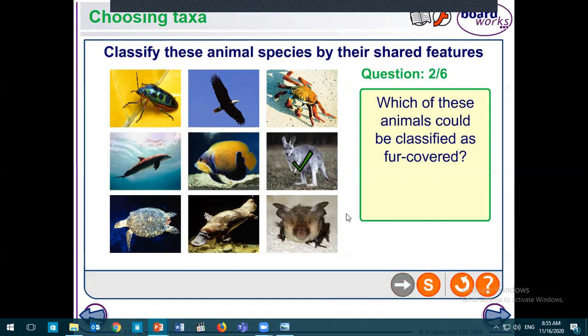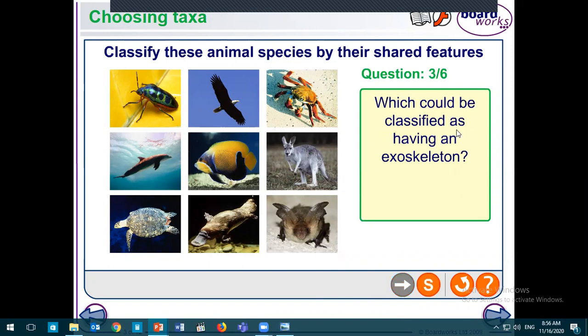Can you raise your voice, guys? Habiba says it's fur covered. Okay, maybe Habiba's right. What else? Do you think this one's covered with hair or fur? Hair. So, guys, do you think this is right? Yes, those three animals are covered with fur.